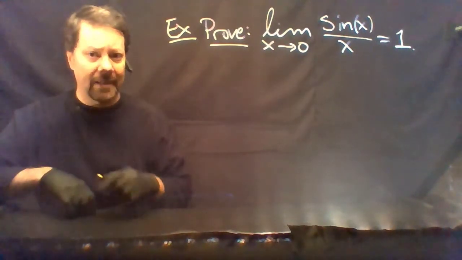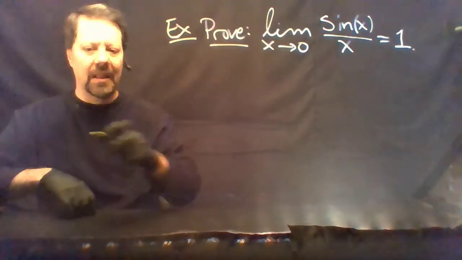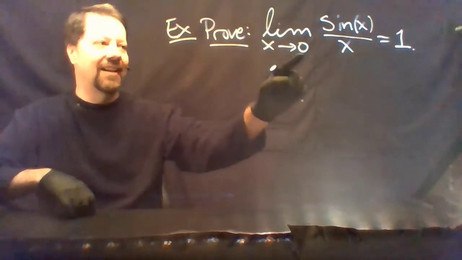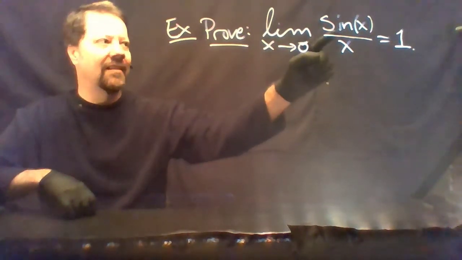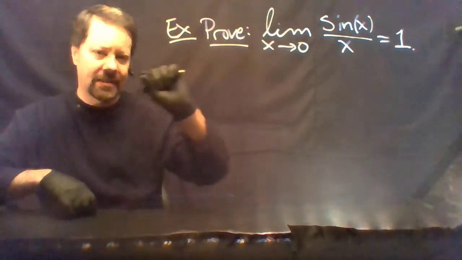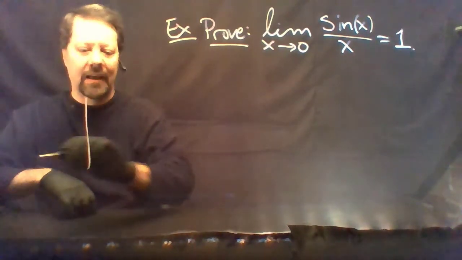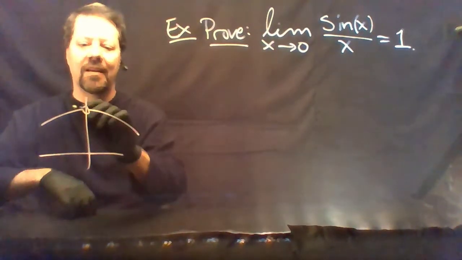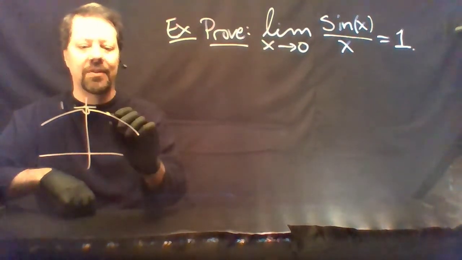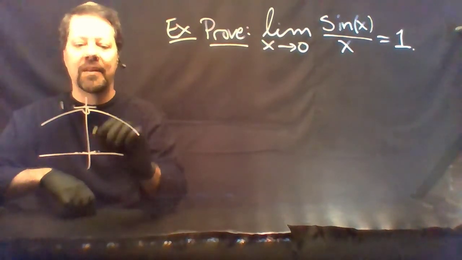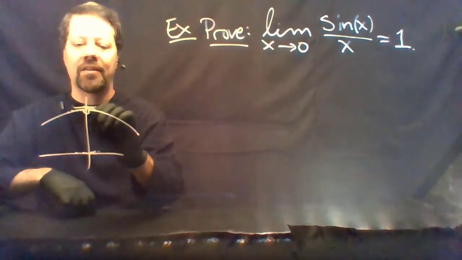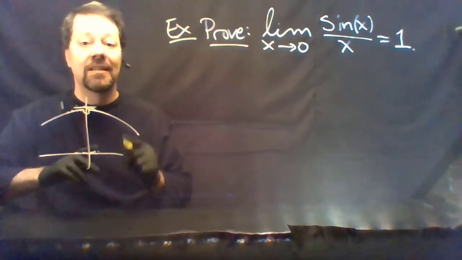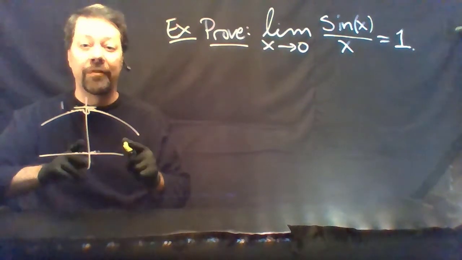Now, we talked about this before, and we showed if your calculator's in radian mode and x is very close to 0, then sine x divided by x tends towards 1. As you go towards 0, of course, the ratio is undefined at 0. But the closer you get to 0 in the domain, the closer those y values tend towards 1. We saw this intuitively before. Today, we're going to prove it.